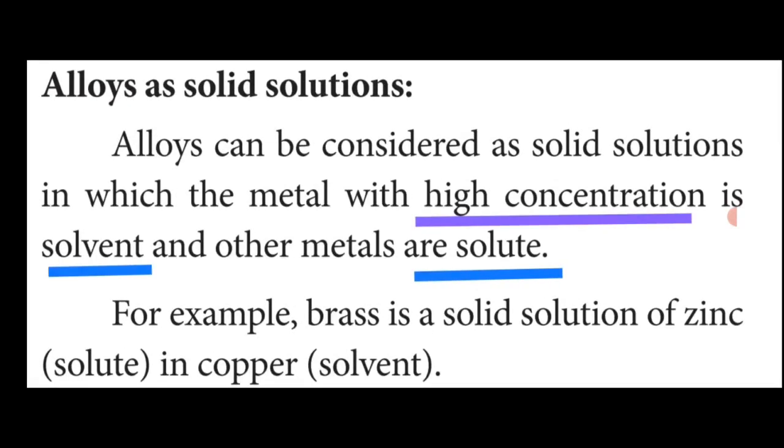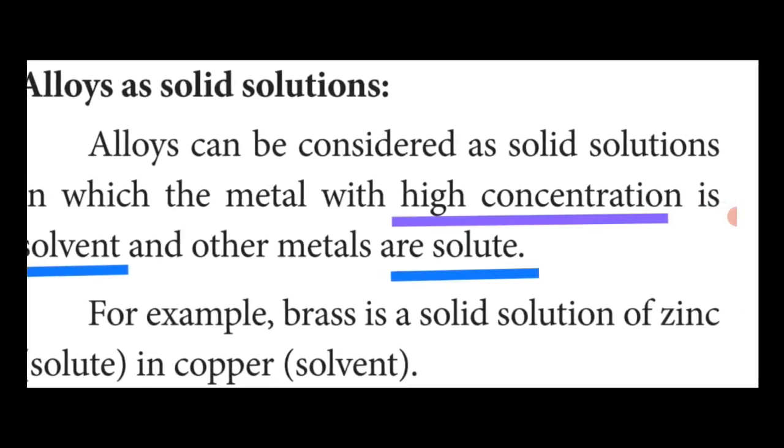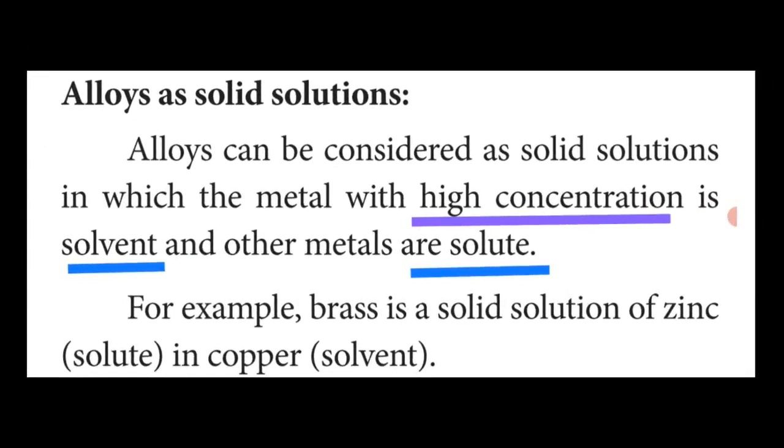The lesser amount of substance is called the solute. We already know a solution is made up of solute plus solvent. Alloy is one of the what solution? Solid solution.